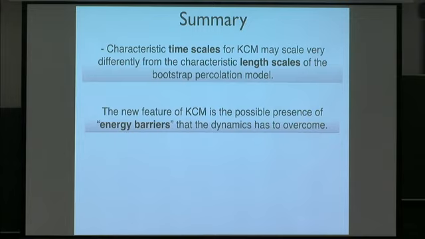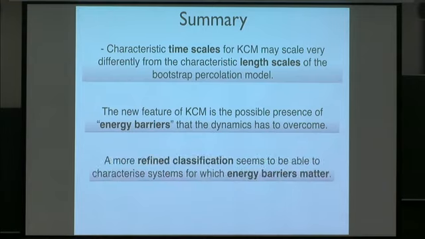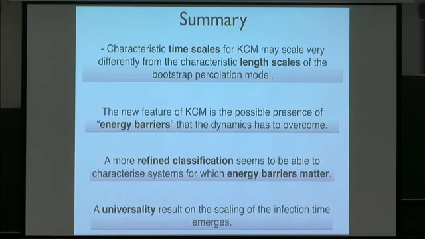Namely, in order to infect something far away, you need to infect a lot of people that help you to infect your final target. The presence of these energy barriers calls for a more refined classification, which seems to be able to distinguish between systems in which energy barriers matter or not. And it seems that a universality result emerges exactly as for Bootstrap process.